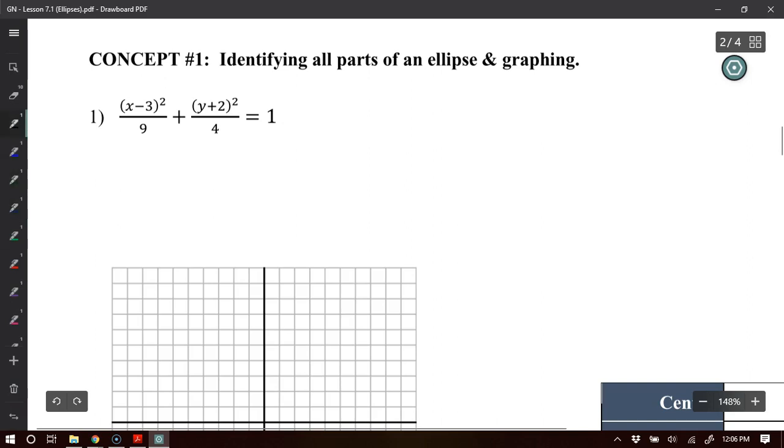And if I'm taking a look at it, I want to look at which one's going to have the longest stretch. Is it going to be the x value or is it going to be the y value? And so I look at the denominators. Since 9 is the biggest denominator and it's under the x, this is going to be a horizontal ellipse.